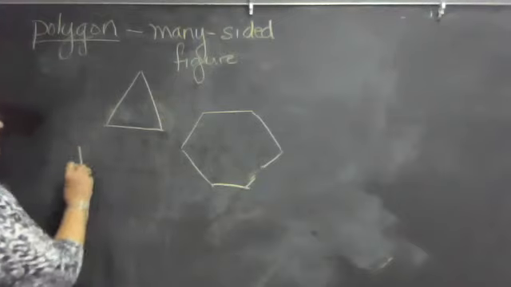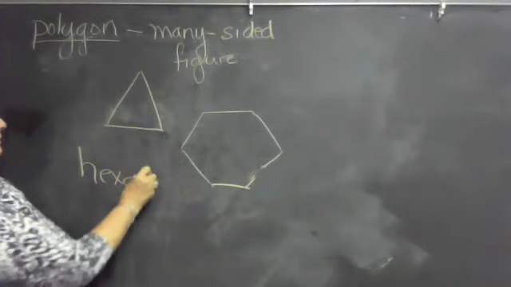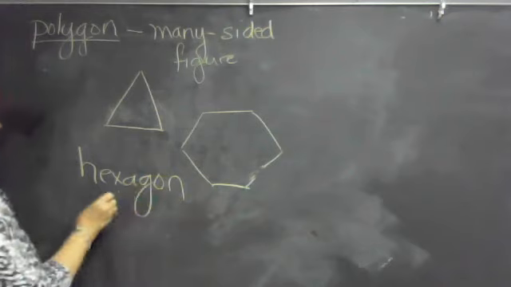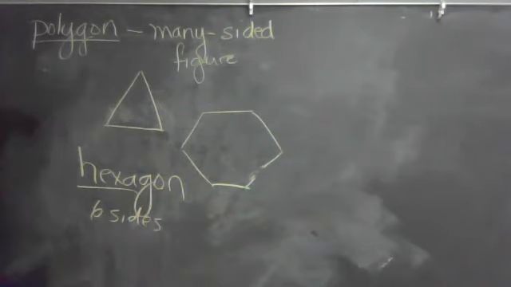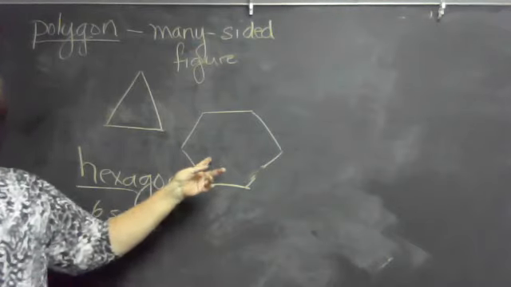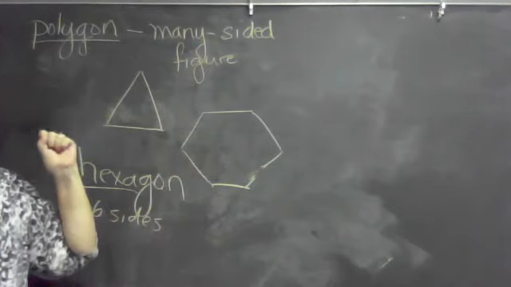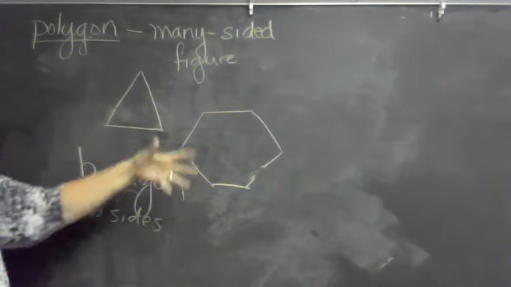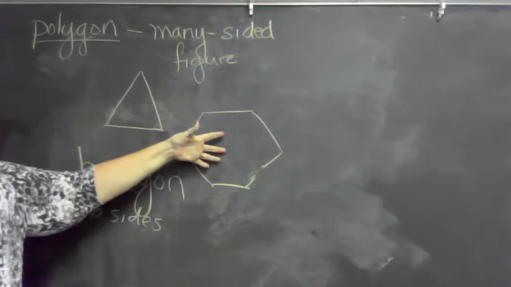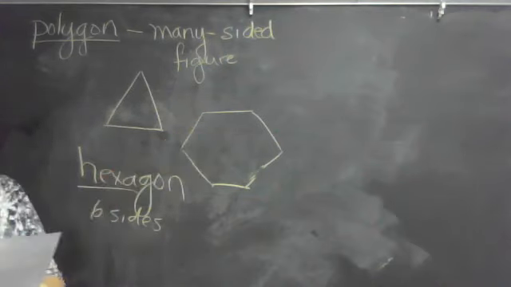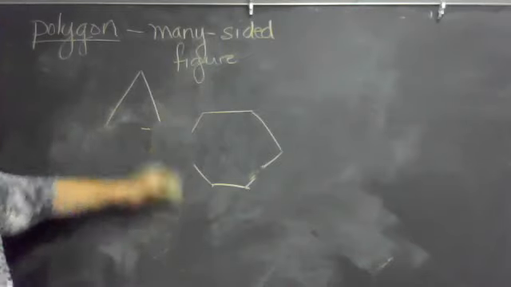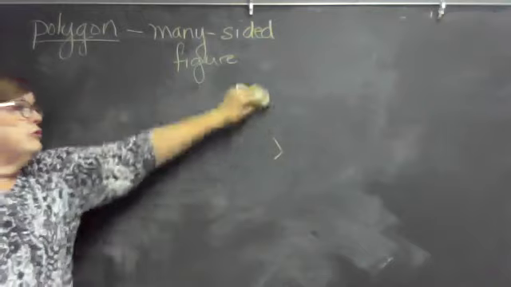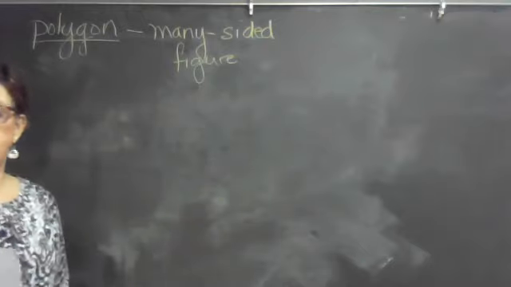It's spelled hexagon, 6 sides. Okay, this is a hexagon, and it's also a polygon because it has sides, okay? And you'll understand what I'm getting at in just a minute. Hexagon, triangle, all of those are polygons, anything with a bunch of sides.